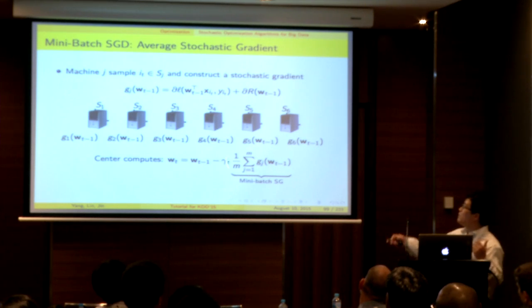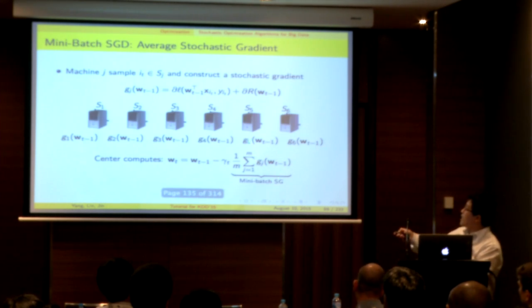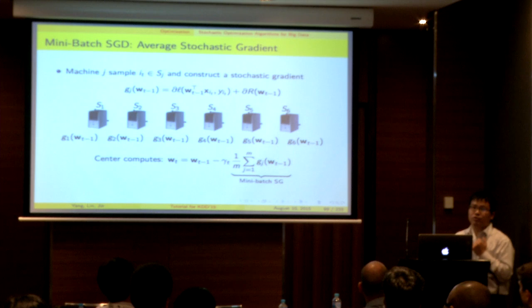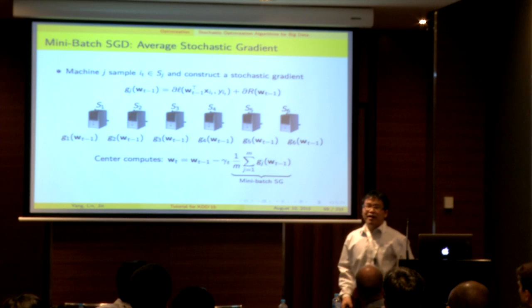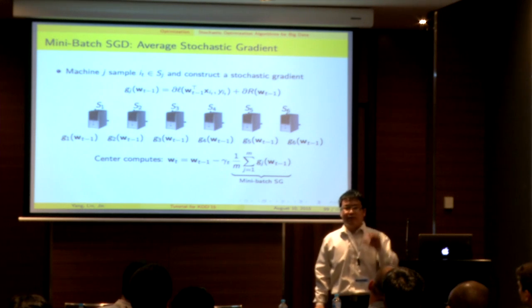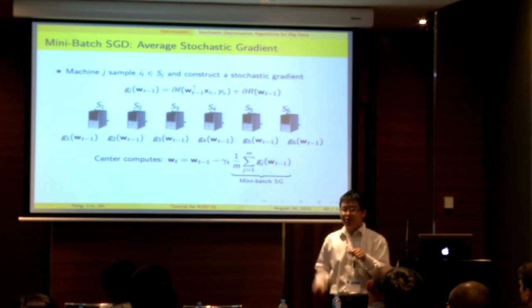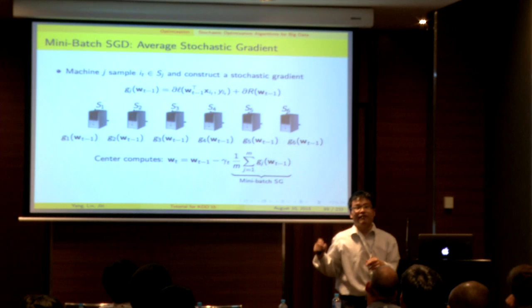And we average the stochastic gradients rather than the solutions. So this is different from the previous page. Here we average the solutions, and that is wrong. But if you average the gradients and use this gradient to update the solution W in the center, then this is a good strategy. We know that if you have a few IID random variables, they are very noisy. If you take their average, they still give you the same mean, but the variance is reduced by a factor of n, so the standard deviation is reduced by the square root of n.